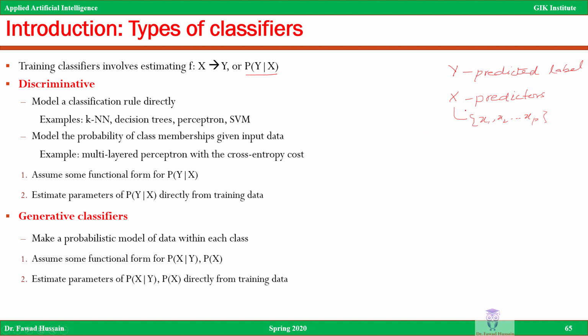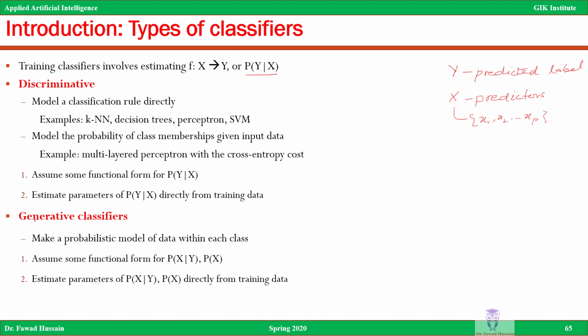So, we are given the attributes and we have to predict the label. This is done by estimating this value directly from the training data. As we saw in the case of decision tree, we made these predictions based on entropy or the standard deviation or any other measure.